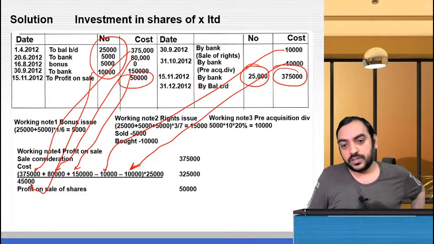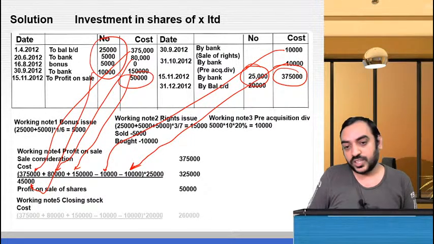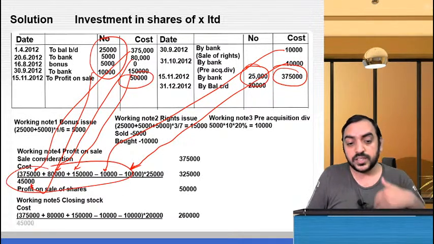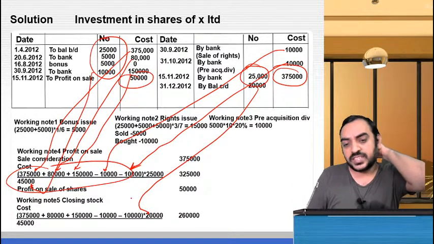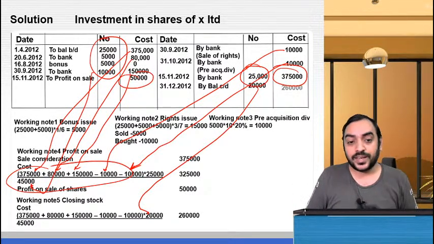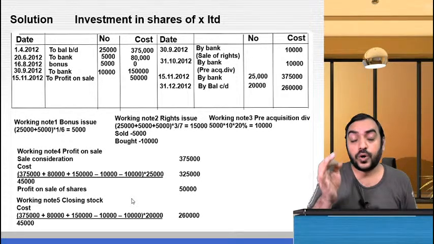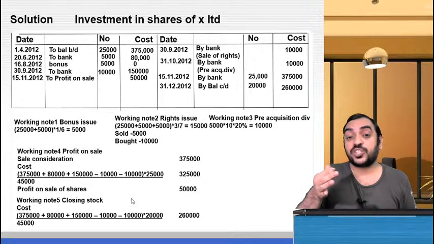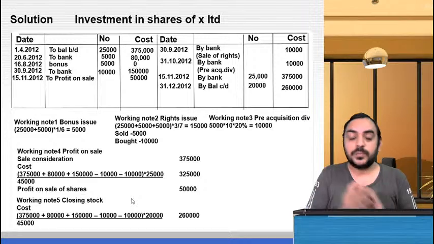On 31st December year end, you have remaining 20,000 units, and the balancing figure you can say is cost, or you can calculate like this: the same amount you have is for 45,000 shares, and how much for 20,000 shares closing stock. Or you can do the balancing figure approach also. That way also you can tally. So this is the way you solve problems on shares, fixed income, variable income, fluctuating income securities, on an average cost basis.